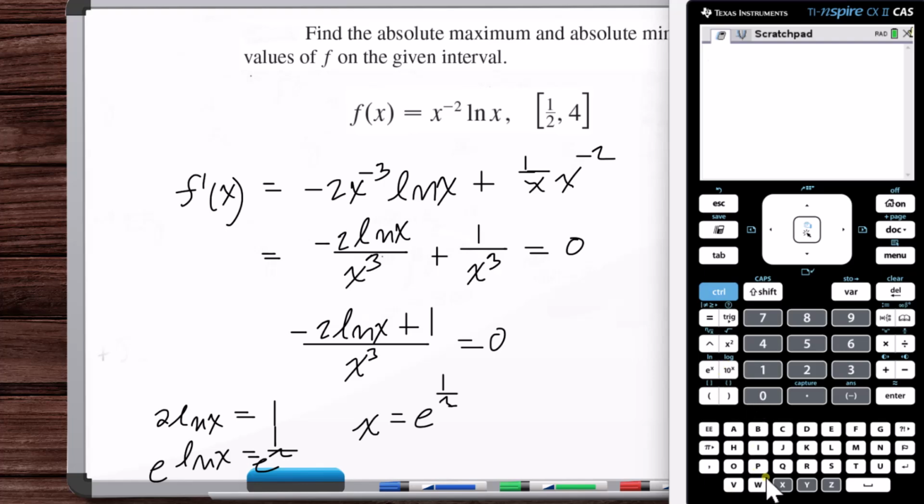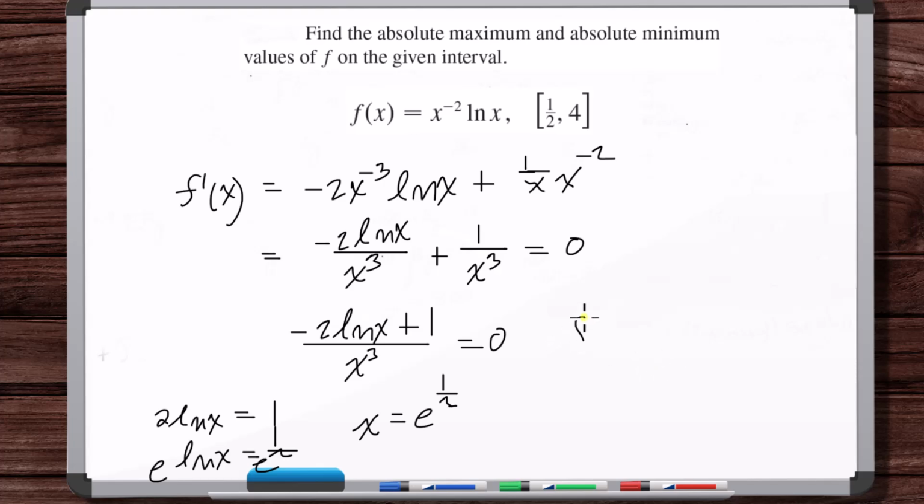Now evaluating with x equal to e to the 1/2, we get 1 over 2e. F of e to the 1/2 is equal to 1 over 2e. That's the only critical number.